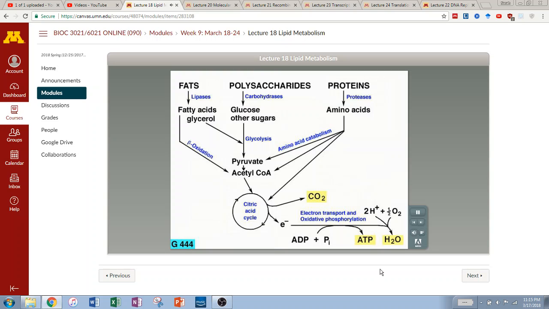Now, some of the energy in fatty acids gets trapped as FADH2 and NADH, and those reduced nucleotides eventually yield ATP. However, in addition to forming reduced nucleotides, some energy is released as heat. That's the consequence of the pathway being thermodynamically favorable. That is, it has a negative delta G.